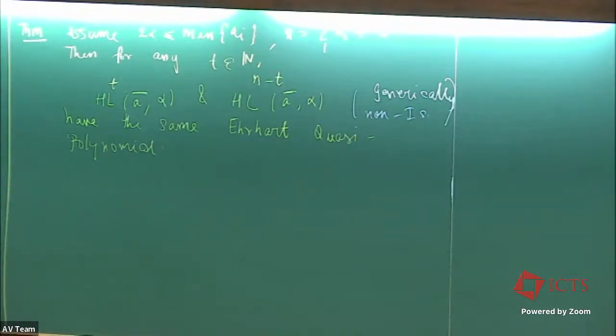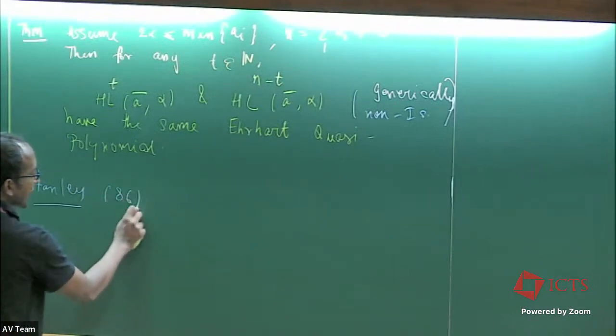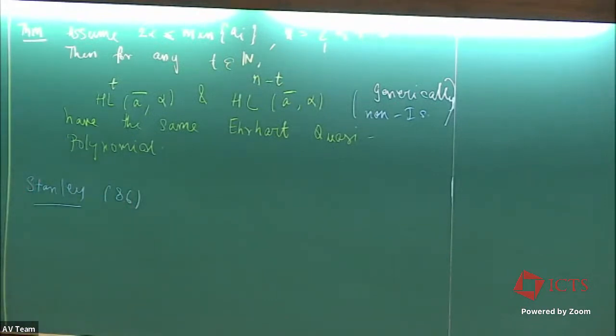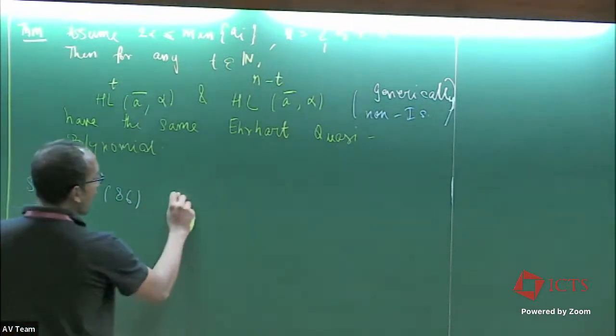I should quickly mention that there is a famous result due to Stanley that people working in combinatorics love. It's a really fun paper. In 1986, to any poset, he introduced two polytopes.